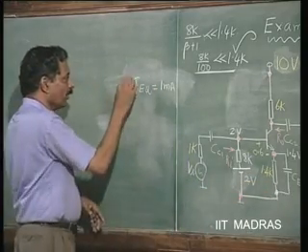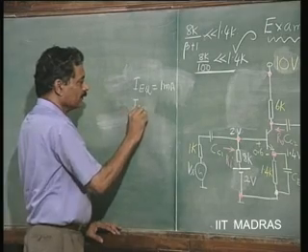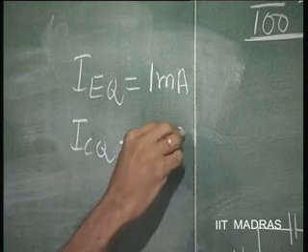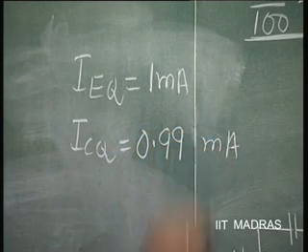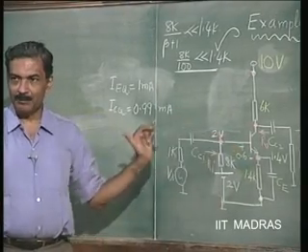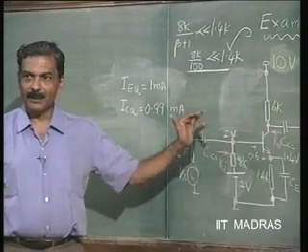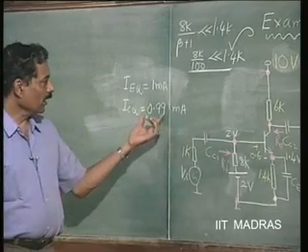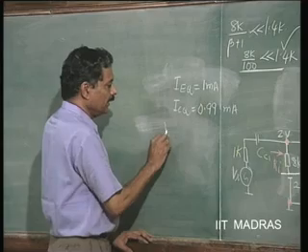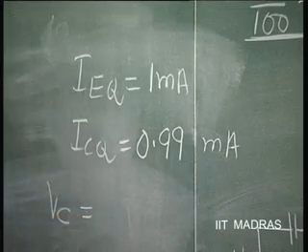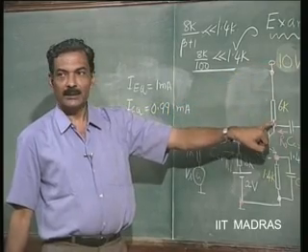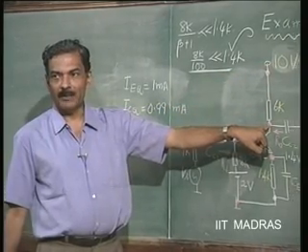So, now the operating point therefore is ICQ equal to alpha times IEQ, where alpha is beta divided by beta plus 1, 99 by 99 plus 1, that is 0.99, so ICQ is 0.99 milliamperes. And VC equals 10 volts minus 6K into 0.99 milliamperes.